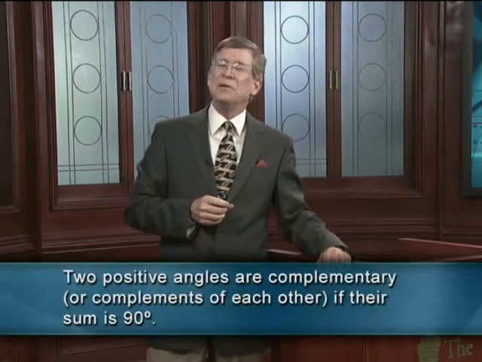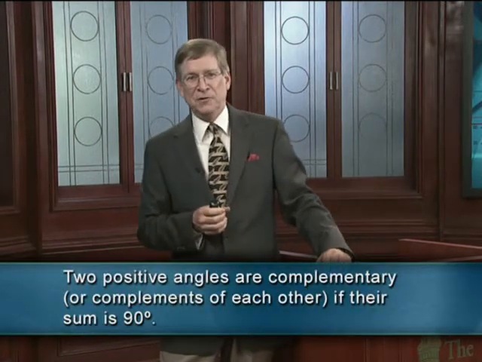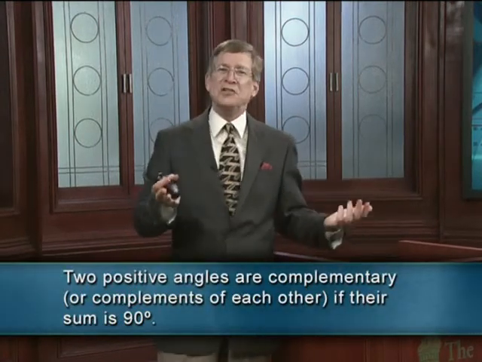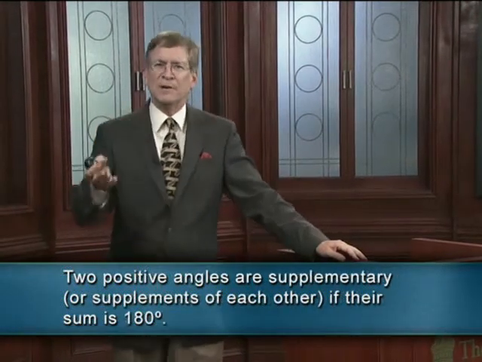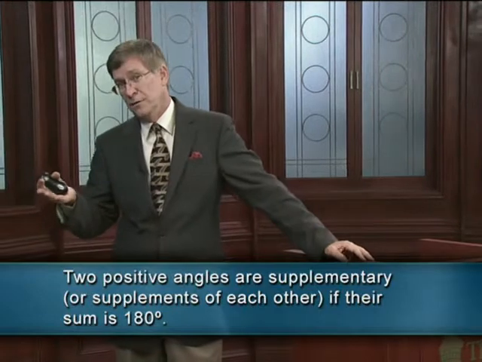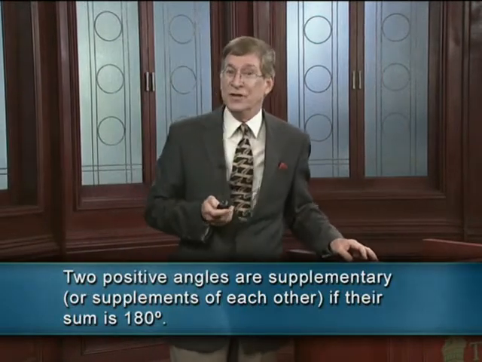Here's another set of definitions you probably remember, but I'll remind you. We say that 2 positive angles are complementary, or complements of each other, if their sum is 90 degrees. And we say they're supplementary, or supplements of each other, if their sum is 180 degrees. Let me show you some quick examples.